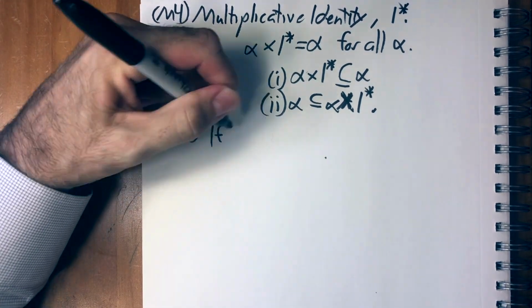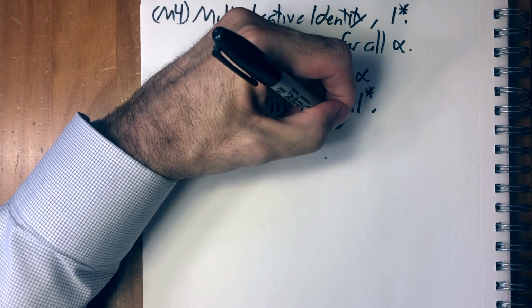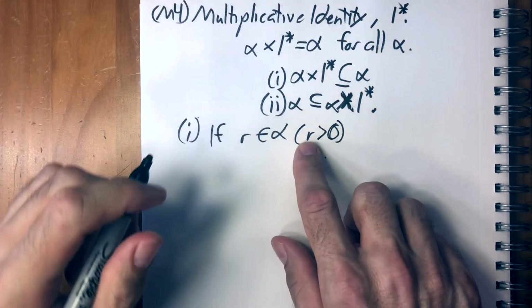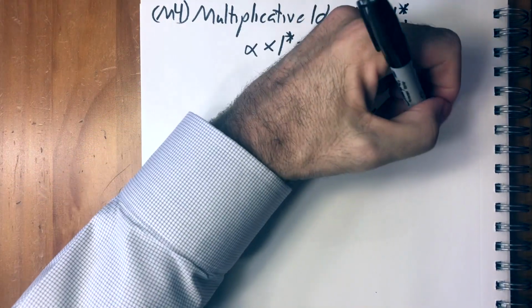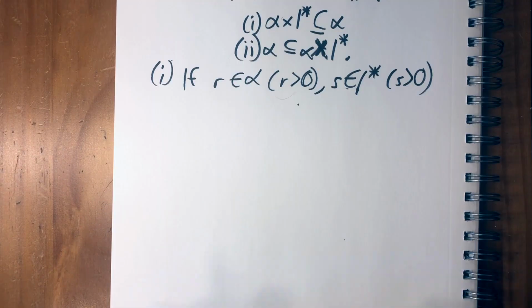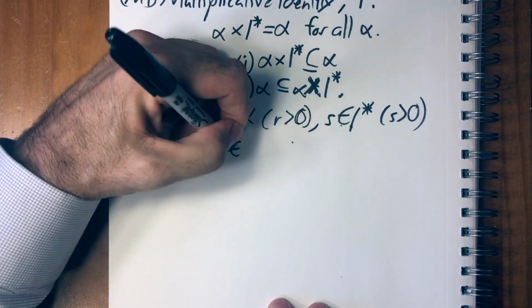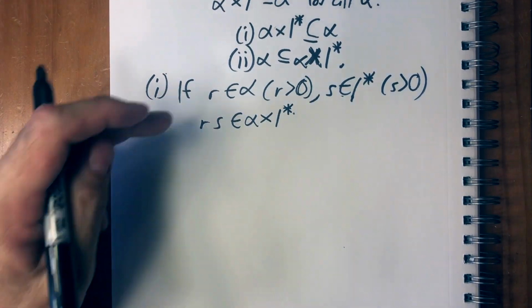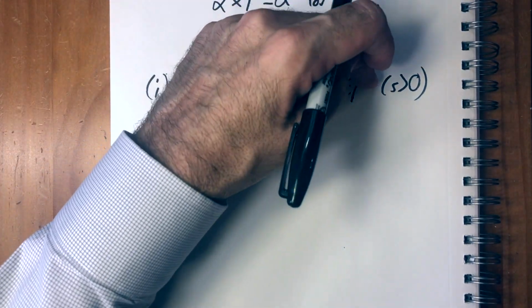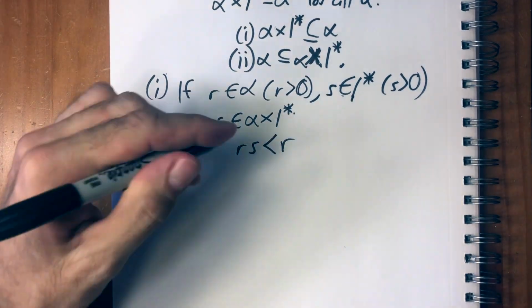So if R is an element of alpha, always with R greater than 0, we're only talking about positives, and S is an element of 1, again with S greater than 0, then with these definitions, RS is an element of alpha times 1. And RS is less than R, because we know that S is less than 1.